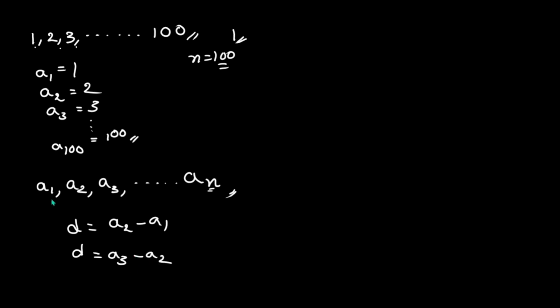Let's take another number in the series, like AK. Let's say AK is some number in the series. The next number after AK is A(K plus 1), right? So here also you can write the common difference like this: A(K plus 1) minus AK.